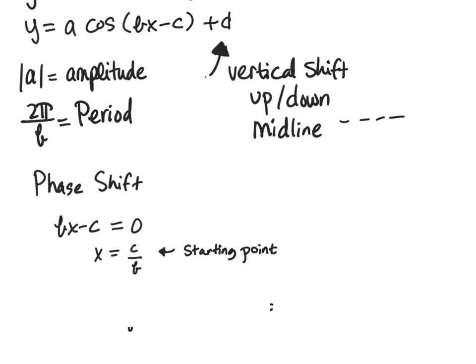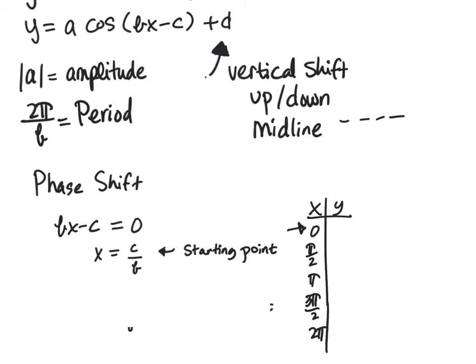So if we were to make a table, usually all of these values start at 0, pi over 2, all the quadrants, right? Well, if I get a different value here other than 0, that would be this first point. Whatever the y is will depend on the graph, but that is a starting point.